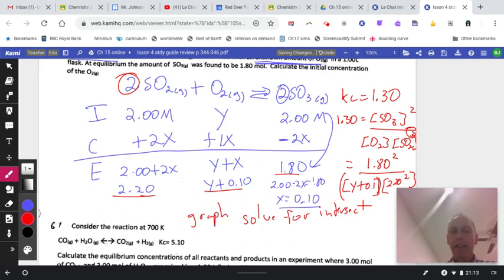So when I put it in my calculator, I'll just call y x, so that I have that same x variable. So in my calculator, y1 will be 1.30 and y2 will be 1.80 squared divided by x plus 0.1 times 2.20 squared.